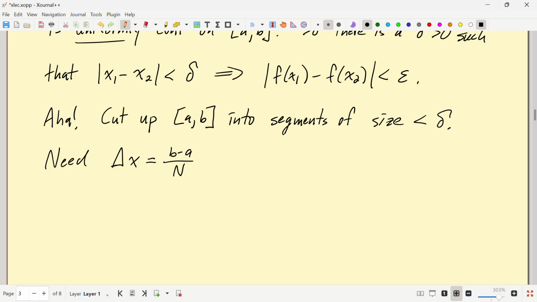So I need (b minus a) over n to be less than delta. And it's Archimedes principle again. I can find such an n. Pick an n, a natural number, that does this.